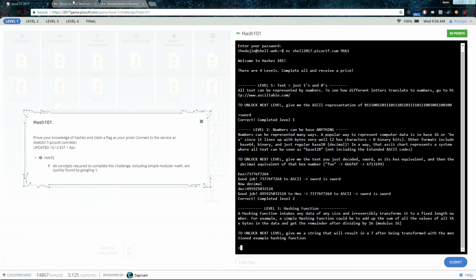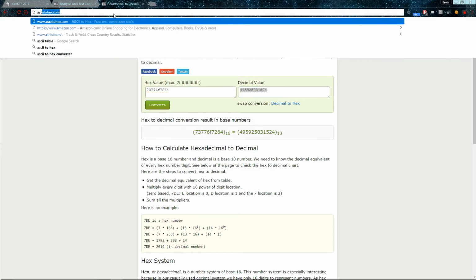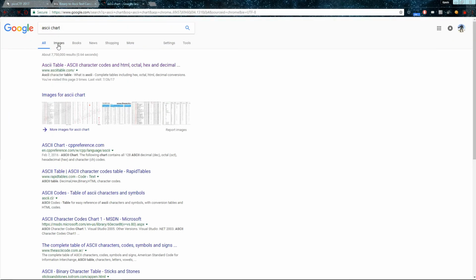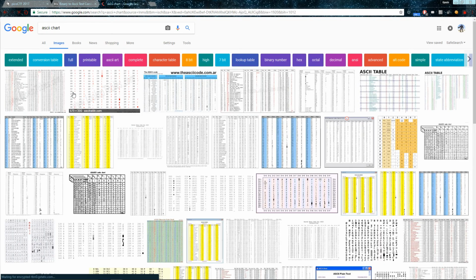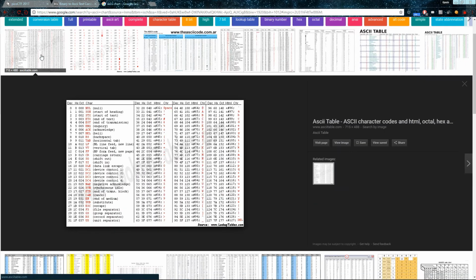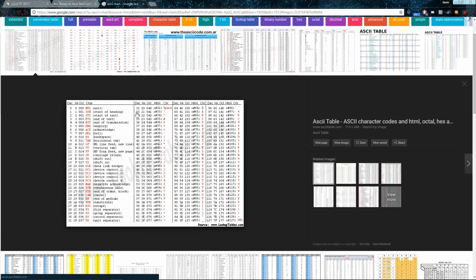So for example, looking at this ASCII chart, which we can also Google, we can see that the exclamation mark is 33 in decimal. Therefore, the exclamation mark mod 16 would be 1.